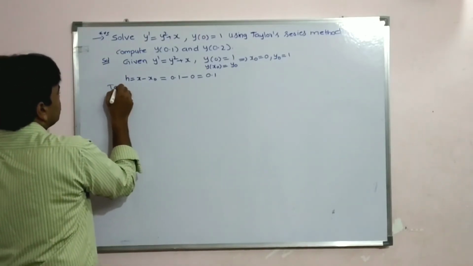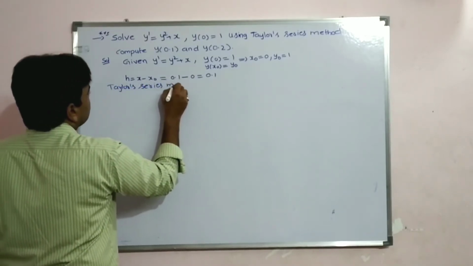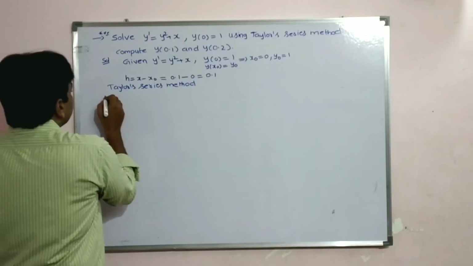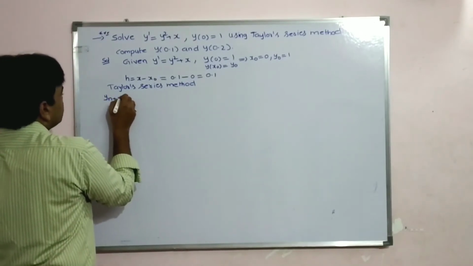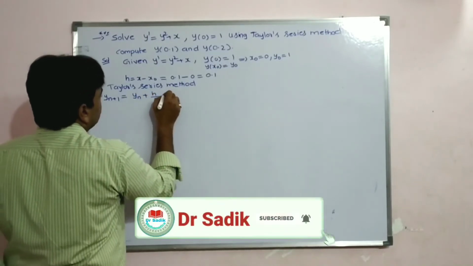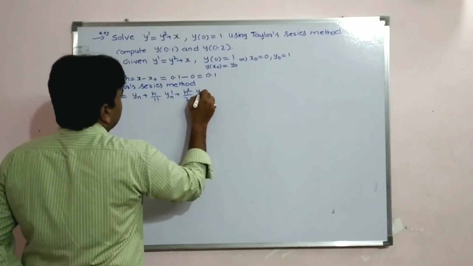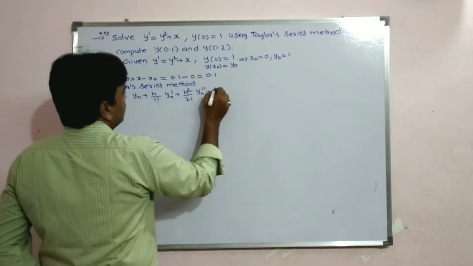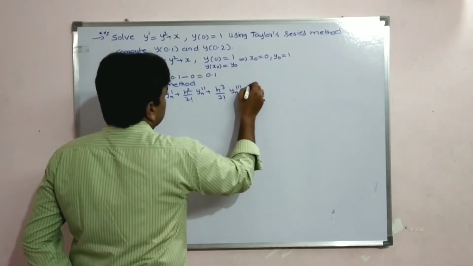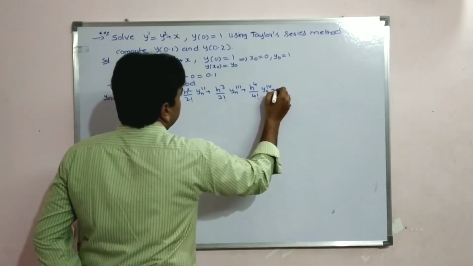Now you write the Taylor series method. What is the Taylor series method, students? y n plus 1 is equal to y n plus h by 1 factorial into y n dash plus h square by 2 factorial into y n double dash plus h cube by 3 factorial into y n triple dash plus h power 4 by 4 factorial into y n power 4 plus and so on.